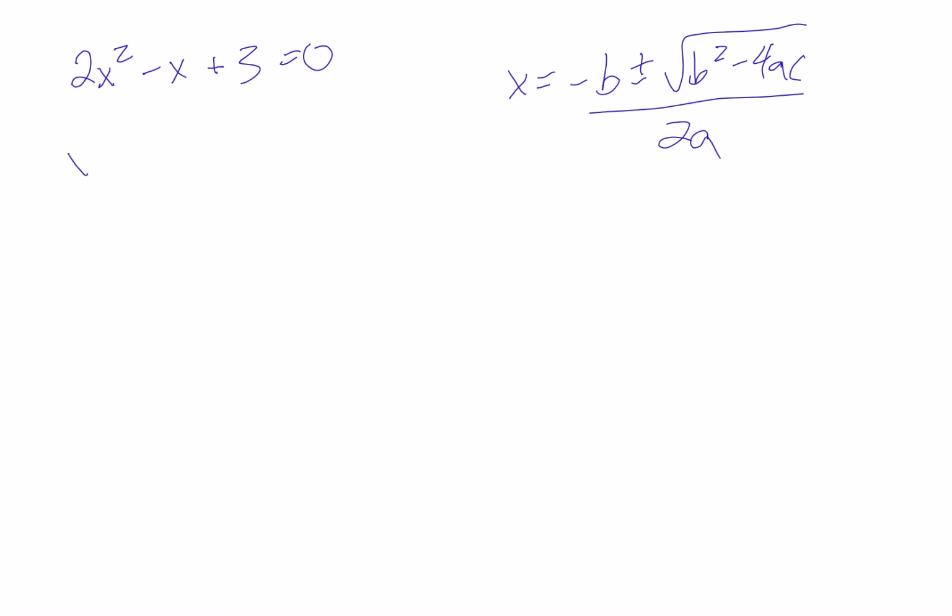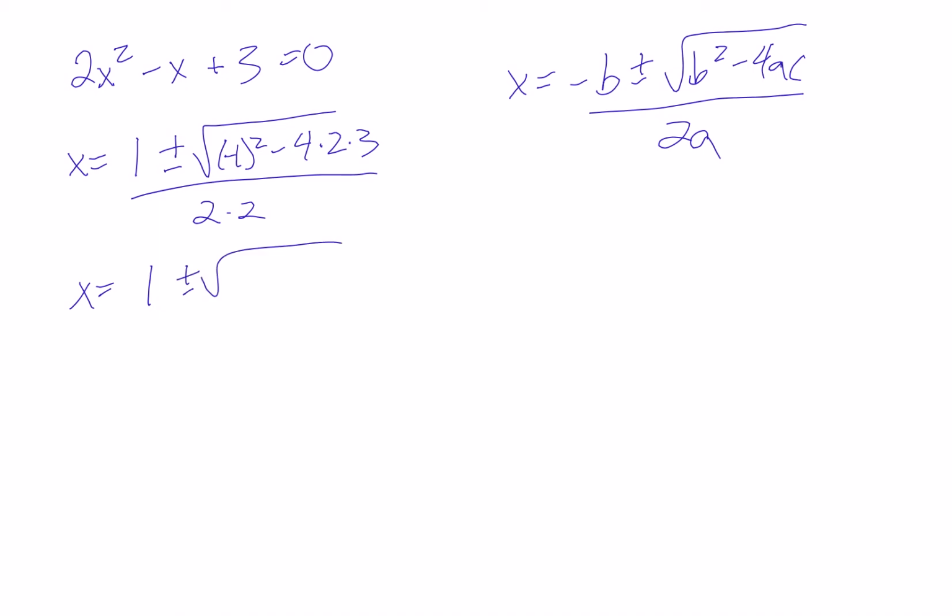Okay, so when we plug it into our formula, we'll have minus b. So b in this case is negative 1, so minus of negative 1 will be plus 1. And under the square root we get negative 1 squared, minus 4 times 2 times 3, divided by 2 times 2. So when you plug all that in, this time we get 1 plus or minus the square root of 1 minus 24, over 4.